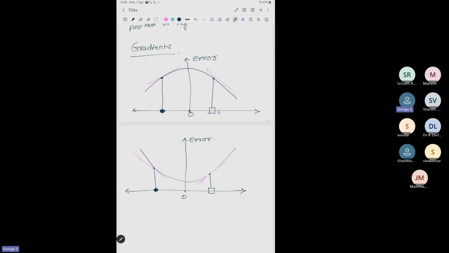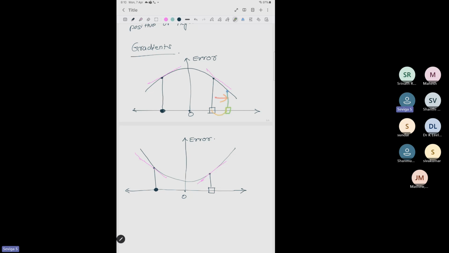Similarly here, the slope is positive. If I move towards the left, where my square weight is located, the error is going to increase. Looking at the gradient, I can understand the slope is positive towards the left side, so I need to move towards the right side. If you move the weight to this point, look at the error.